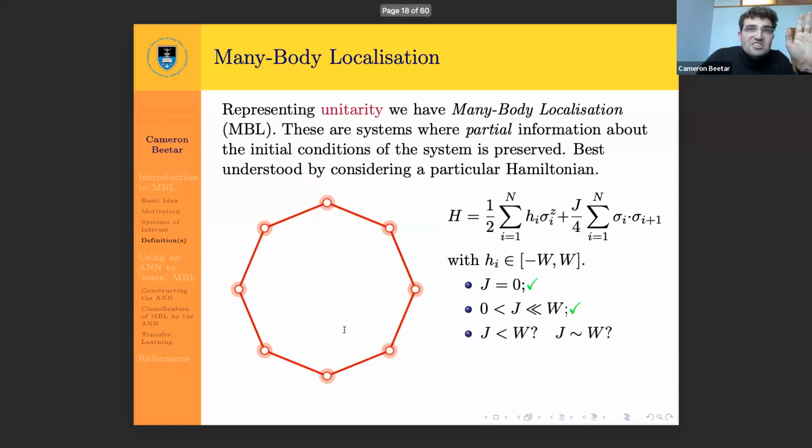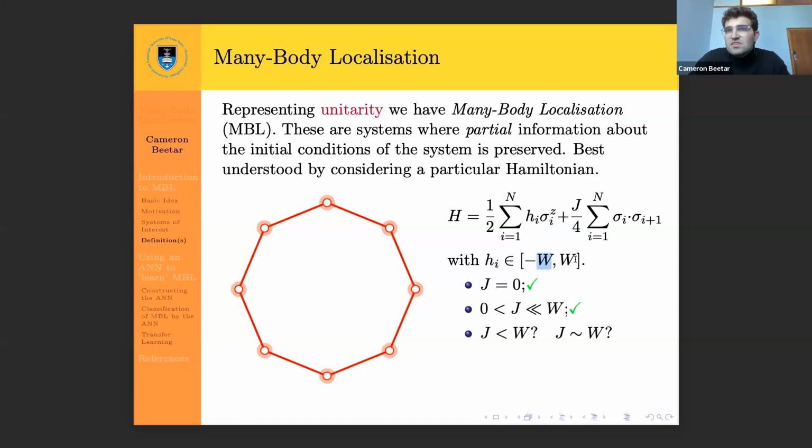Now for unitarity. On the unitarity side, we have this idea called many-body localization. And in these systems, you have at least partial information preserved about the initial conditions. And it's quite hard to explain it without looking at the Hamiltonian. So here's the Hamiltonian for the ring structure shown. This H_i is that local disorder parameter I mentioned.